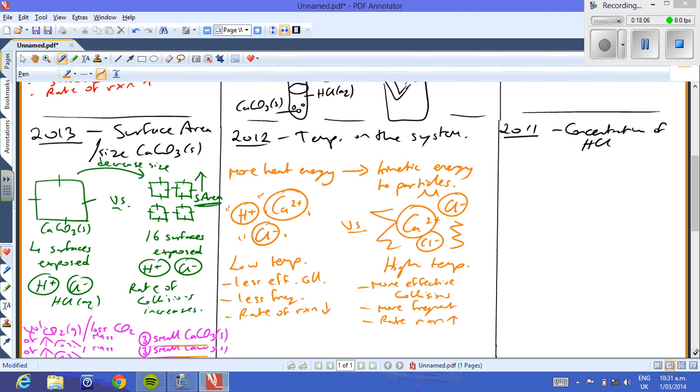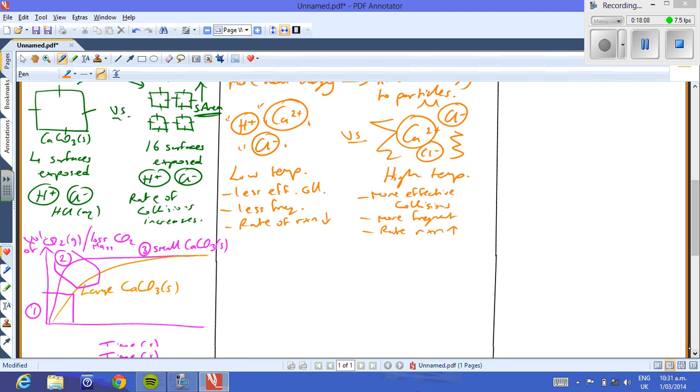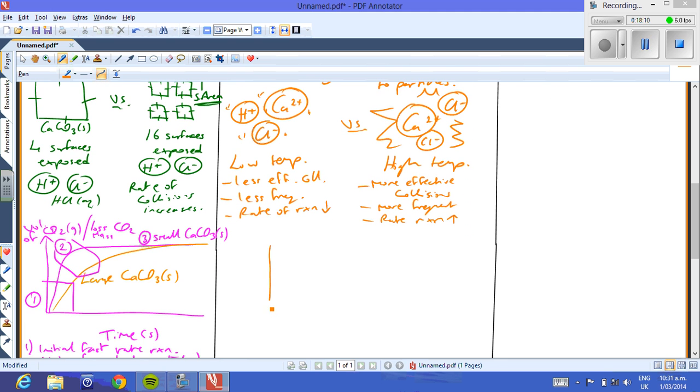And then that can be represented on the same sort of rate curve as well. So in this case, we're looking at temperature. How does temperature affect the rate of a reaction? So we still have time on the x-axis, and volume of CO2 produced or mass of CO2 lost. If you're at a low temperature, then the rate of the reaction will not be very fast.